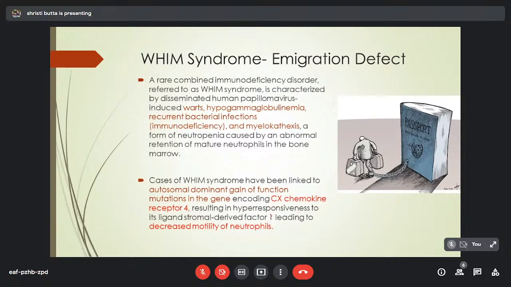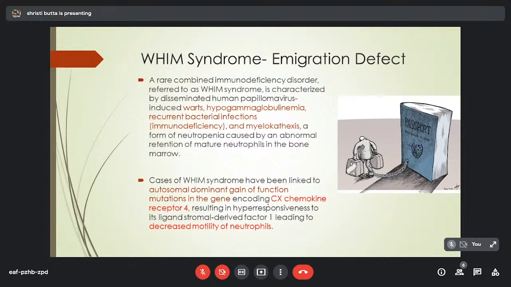So, CXCR4 expressing neutrophils are retained by the bone marrow because of their hyperresponsiveness to the ligand, that is, the stromal derived factor 1. Now remember, when we were talking in section 1, we said that the stromal derived factor 1 is implicated in the retention of the neutrophils in the bone marrow.